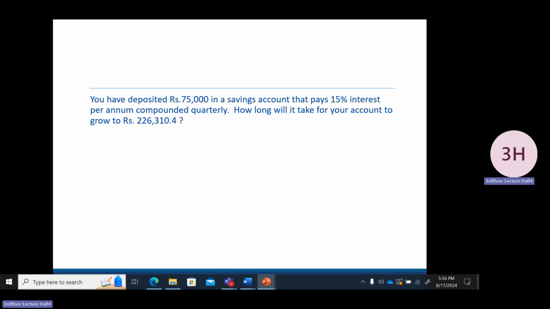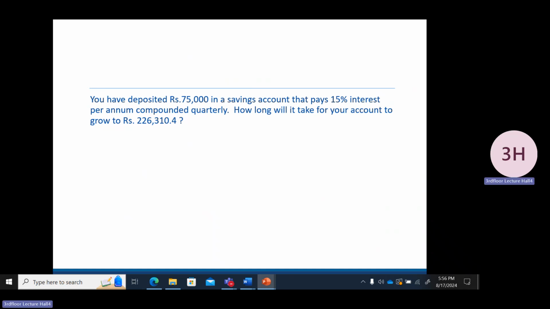Now, in order to simplify this formula, I am using a strategy here. I defined N into M is equal to X, because I have three variables, so that is complicated.